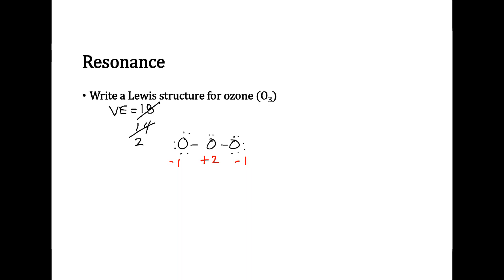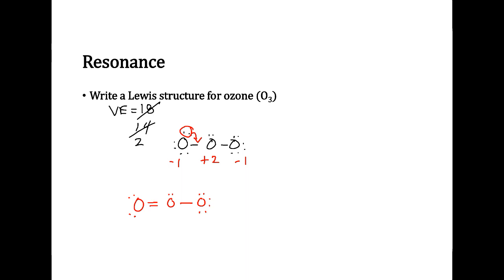Oxygen is in the second period, so it needs to follow the octet rule. So here, if we move one lone pair in from the oxygen on the left, we'll end up with this Lewis structure. We'll have a double bond between the terminal oxygen and the central oxygen, and then a single bond to the terminal oxygen on the right.